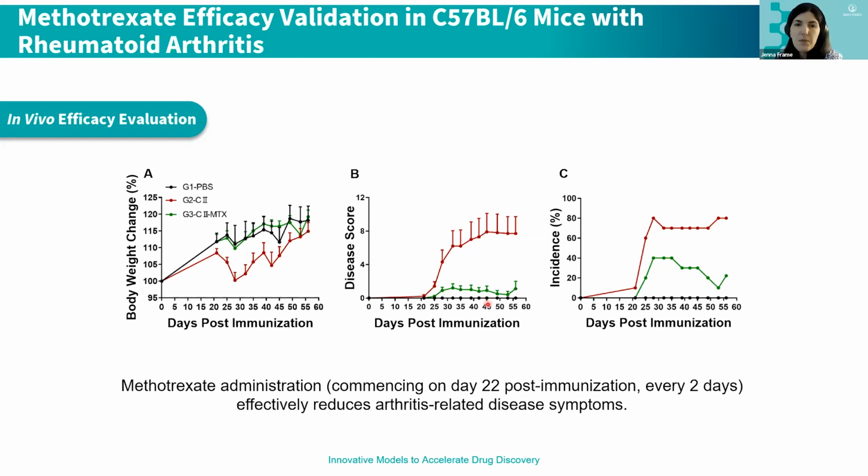And incidence of symptoms was overall reduced with drug treatment. In this experiment, the methotrexate group experienced less weight loss when compared to the COL2 immunized group alone. Together, these data indicate that the model was successfully established and that methotrexate effectively reduces arthritis-related disease symptoms.